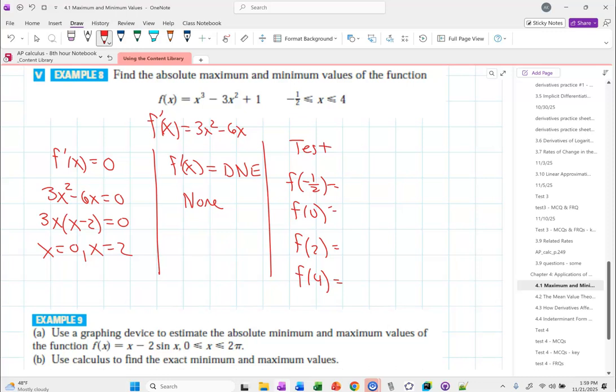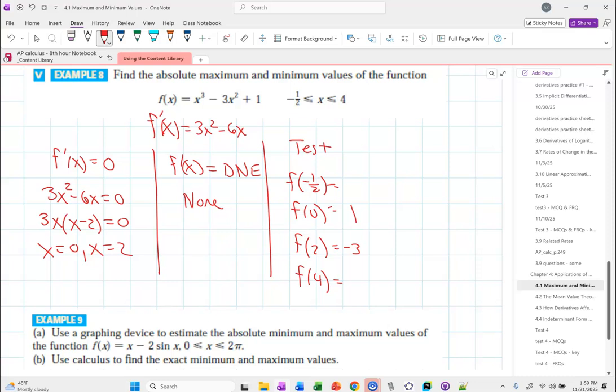Everybody's good so far? Start with that one, that's easy. I can do that in my head. 8 minus 12 is -4, plus 1 is -3.